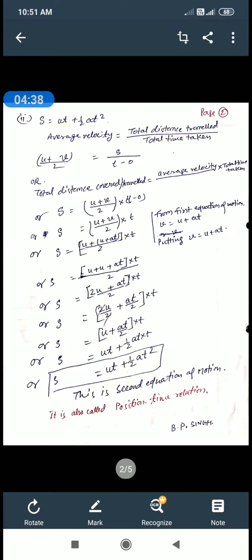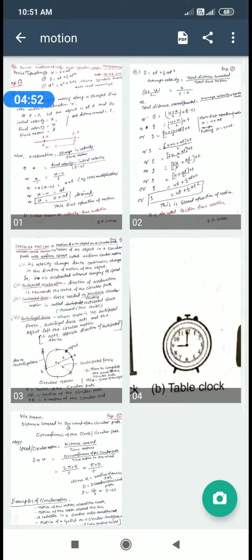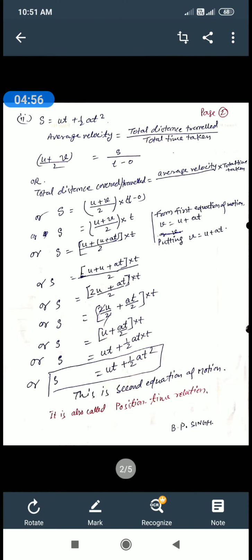The average velocity is equal to total distance travelled divided by total time taken, or total distance covered or travelled is equal to average velocity multiplied by total time taken.